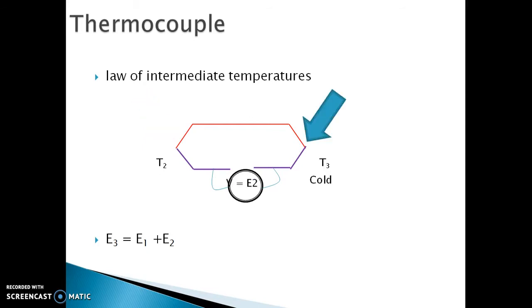Now if we interchange, that is, if the first junction is maintained at the reference temperature and the next junction is made the cold junction, then we get an EMF of E2. Now we can say that E3 is the addition of the EMFs of the first case as well as the second case.